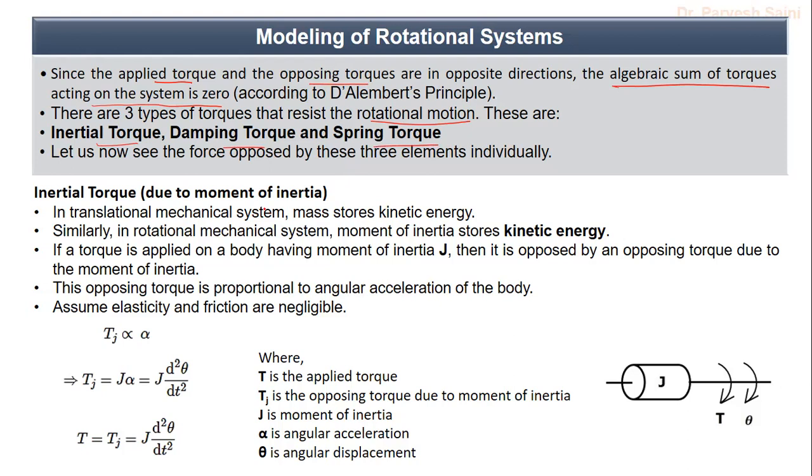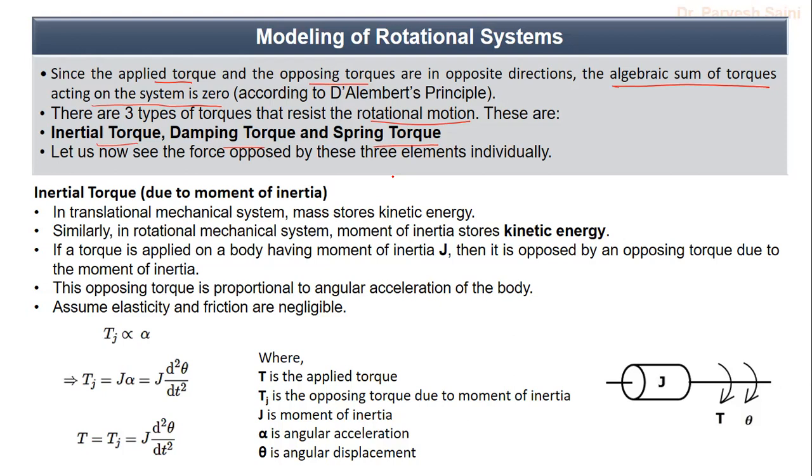This is similar to the concept which we studied for the translational system. The only difference is that we are talking in terms of torque because it has rotational motion, and hence the symbolic representation and notation have changed, right? Now, in a translational mechanical system, the mass of the body stores the kinetic energy.